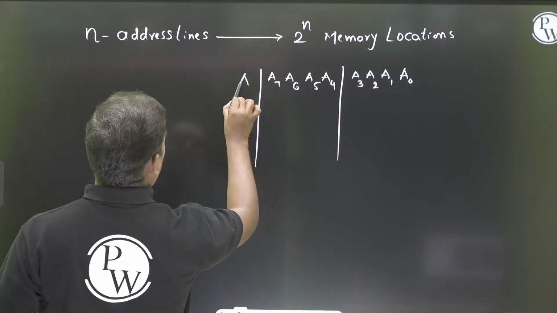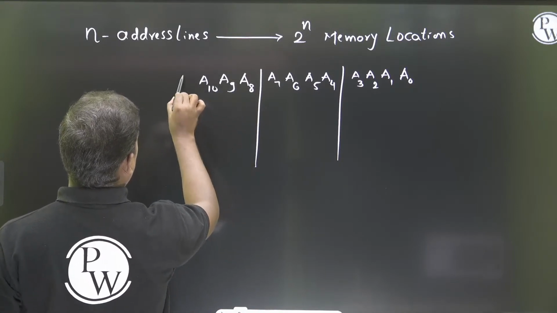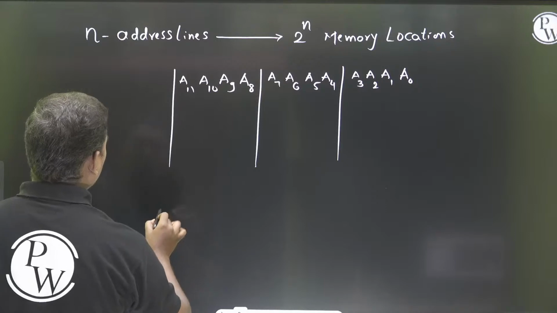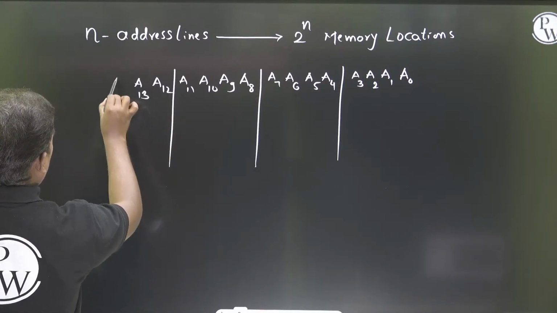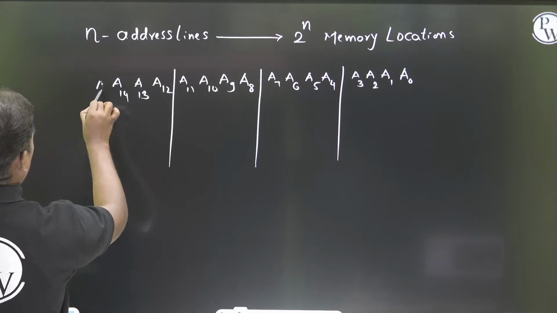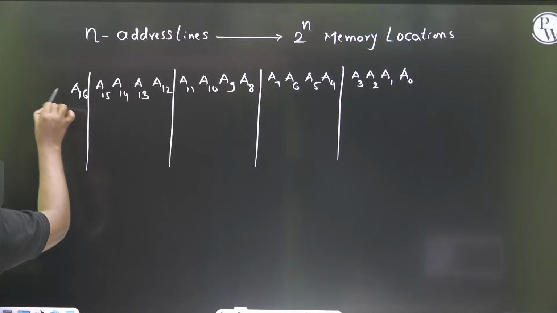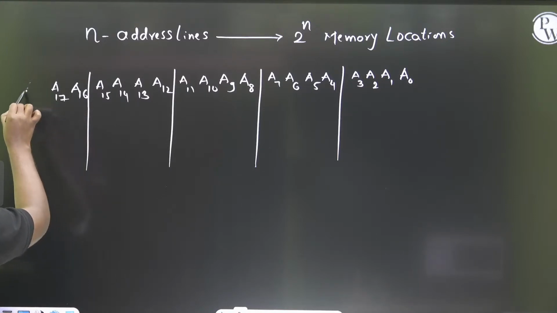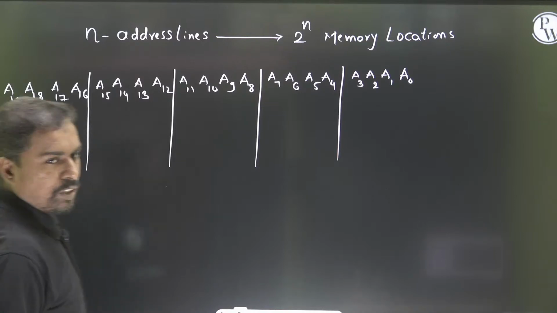Next, A8, A9, A10, A11. Next, A12, A13, A14, A15. Next, A16, A17, A18, A19. So these are the 20 address lines.